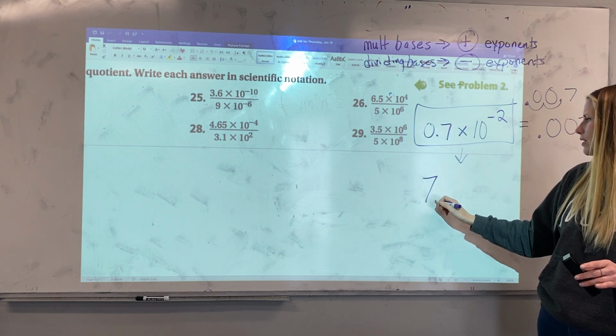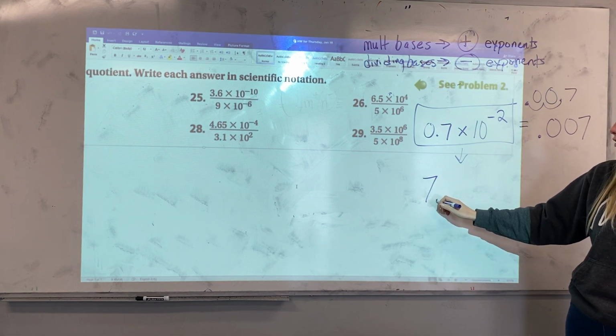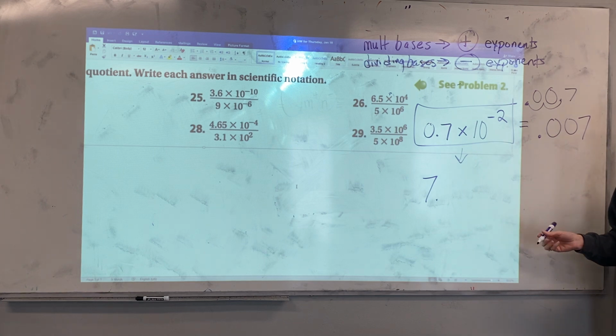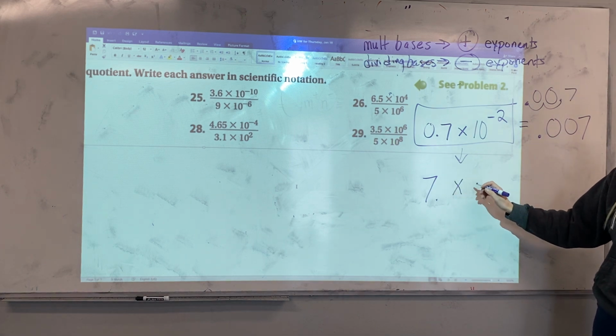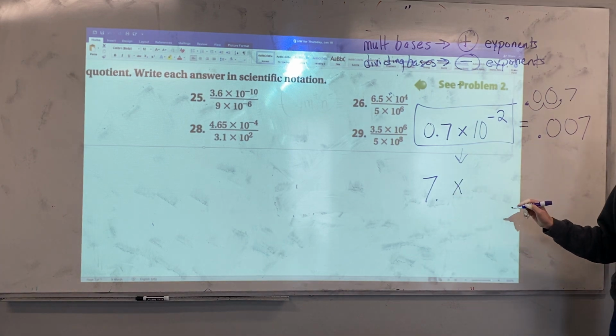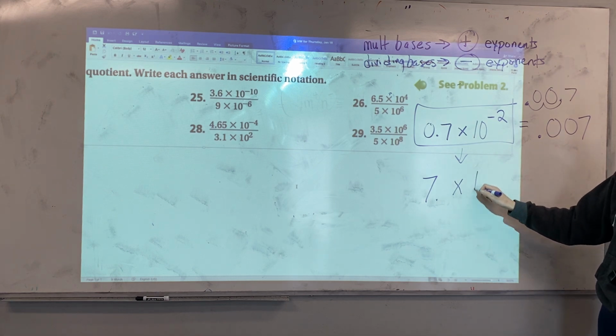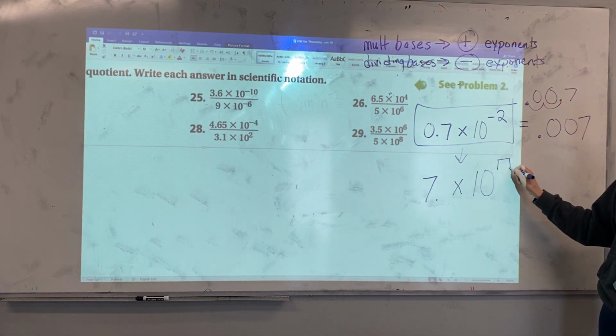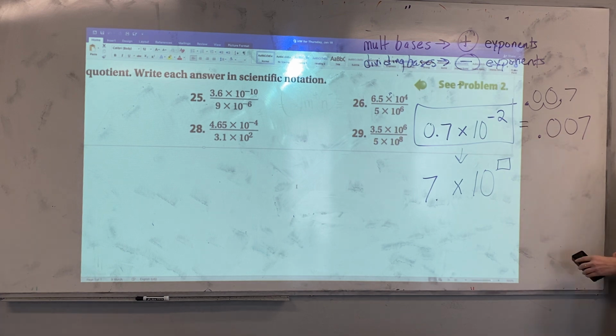So 7, and the decimal is here, although you don't have to show the decimal when it's a whole number, times 10. Now I'm gonna put a blank, okay? I know you wanna say it, but I'm teaching, okay? So times 10 to the blank power. Can it be positive or -1? Let's see what happens.